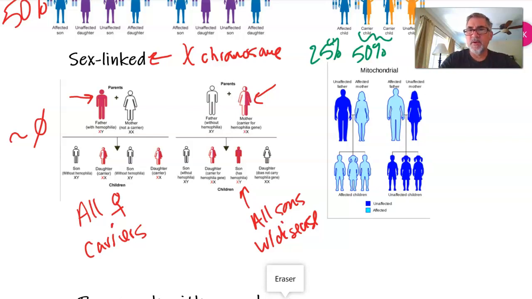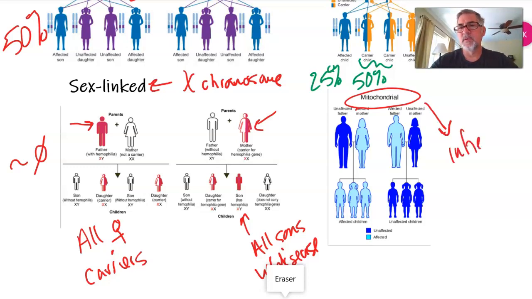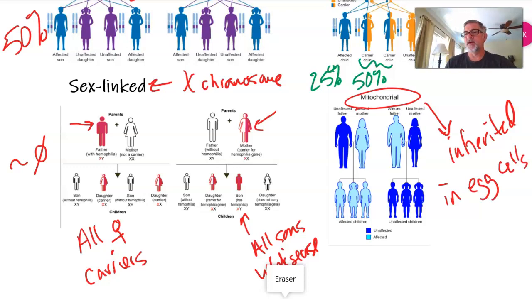And the other inheritance that is not talked about as much is mitochondria. Important things to remember about mitochondria. So these are inherited in egg cells. Not in sperm cells, but in egg cells.